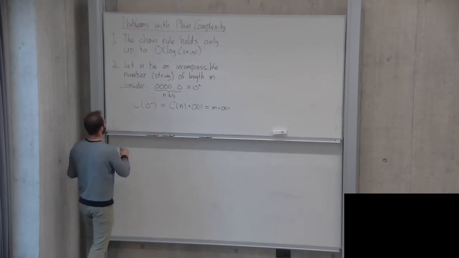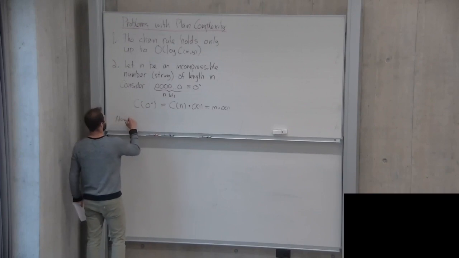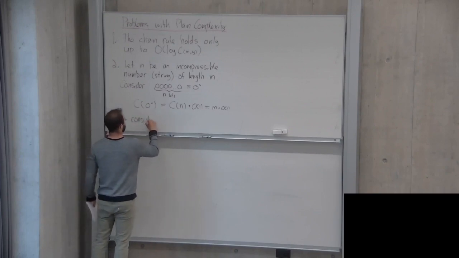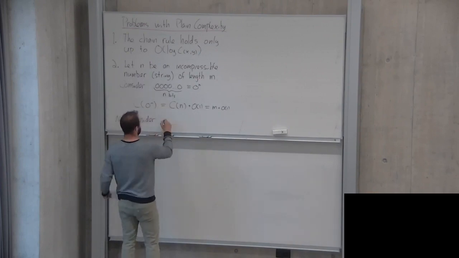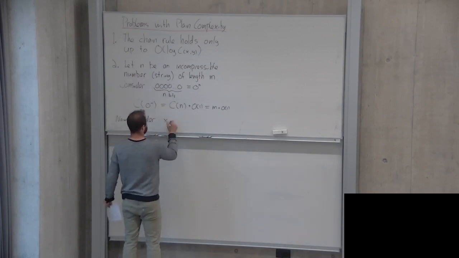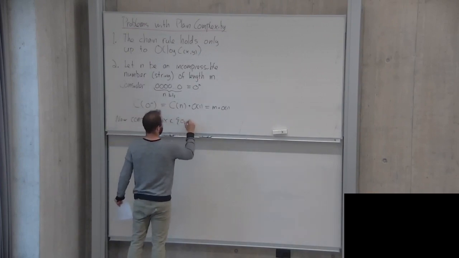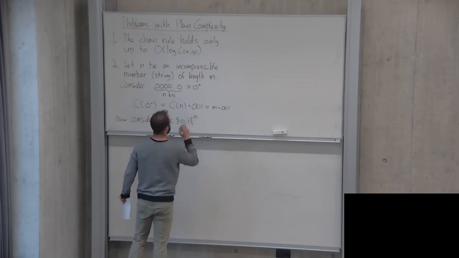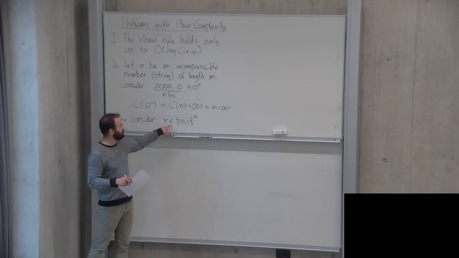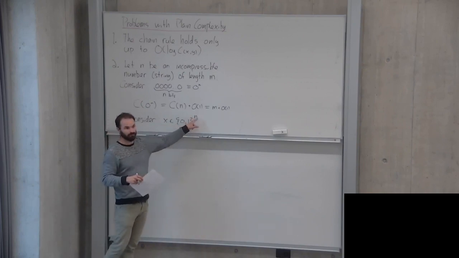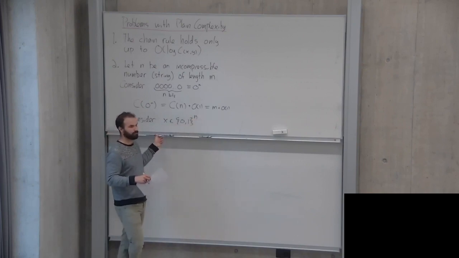Now consider, for the same n, a string x of length n. One way to write that x is a string of length n is this: x is an element of {0,1}^n. It's an n-bit string.